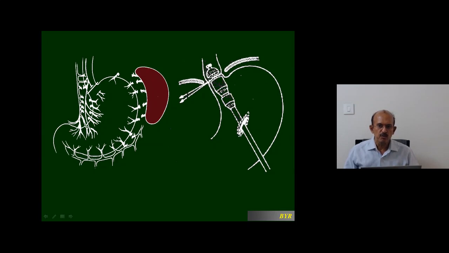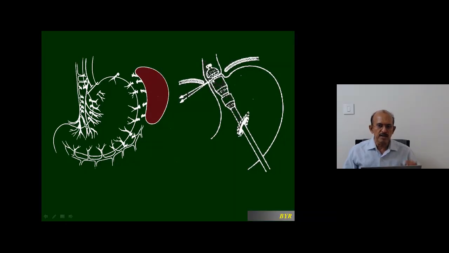You can see an opening is made in the anterior wall of the stomach. The stapler is passed inside the stomach into the esophagogastric junction. It has a head and the body. There will be a screw at this end. If you loosen the screw, this will go up.